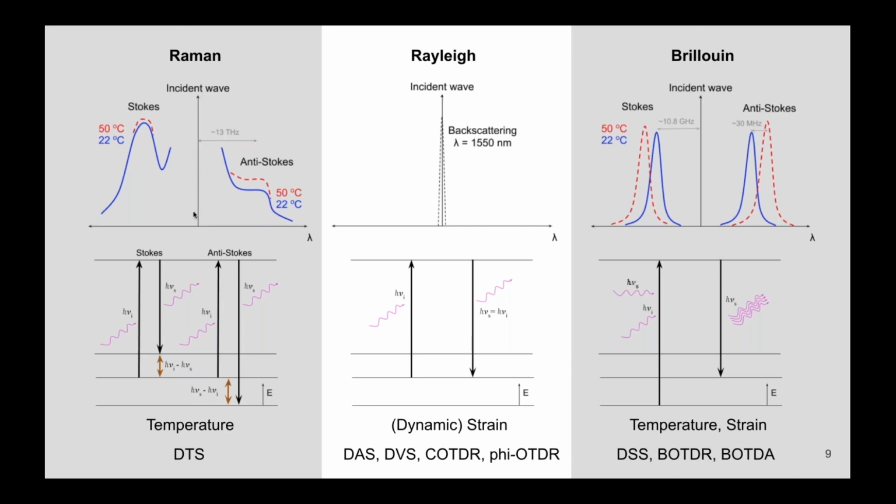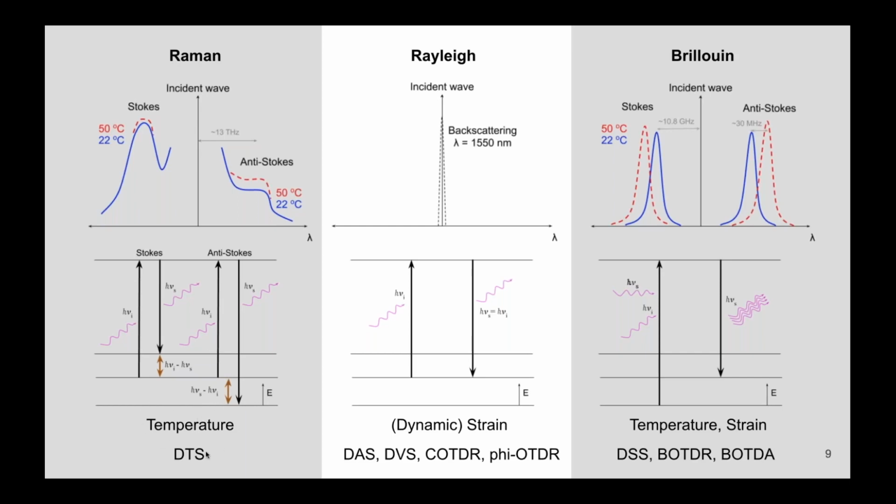When we send in a photon at the incident wavelength of 1550 nanometers, which is what our laser is sending into the cable, we can record light at a higher or lower frequency, and that energy transition is sensitive to temperature. So if we want to measure Raman scattering, we can interrogate temperature.